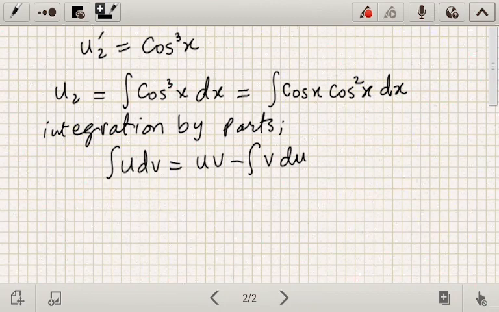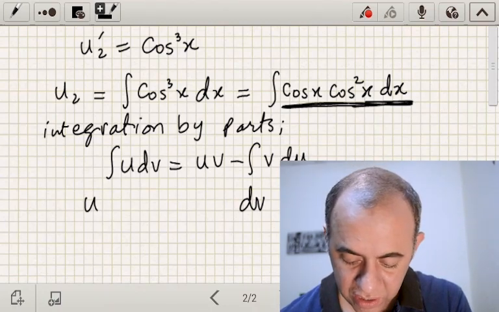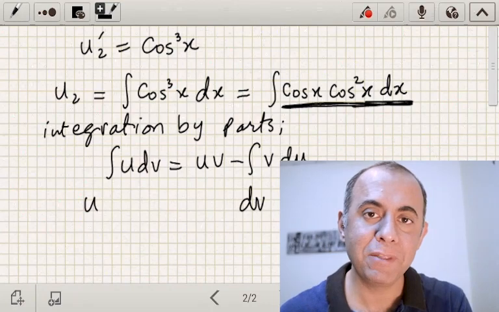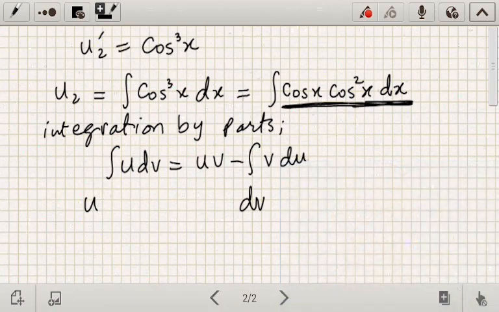As you may know, we have to choose u and dv from all of this. So you have to break it down into two parts and choose u and dv. How do you choose u and dv in this case? You take whatever is easier to integrate as dv, because if we choose anything more difficult to integrate, like dv as cos square x dx, it is going to be even more difficult to integrate as compared to just cos cube x.